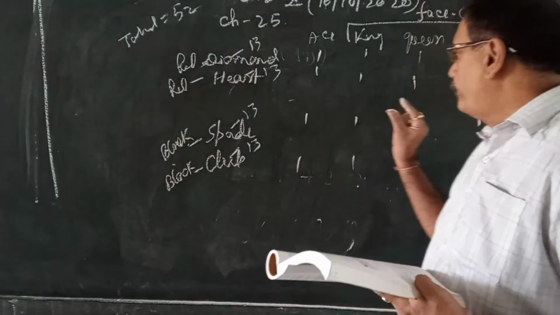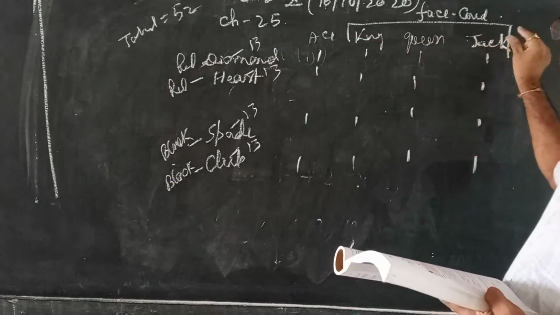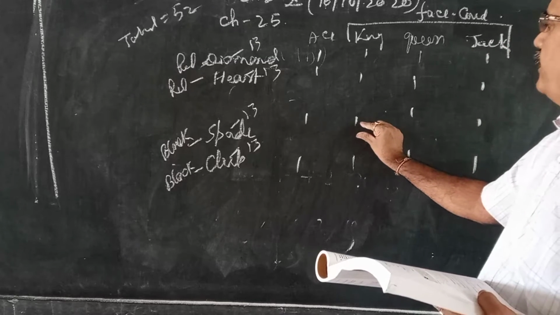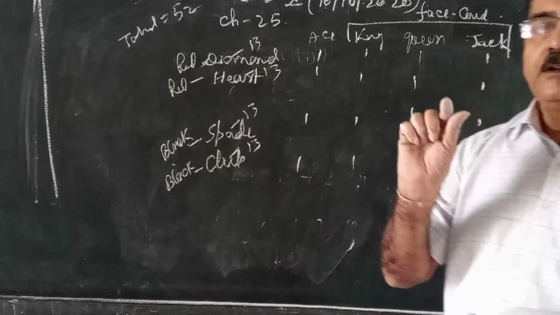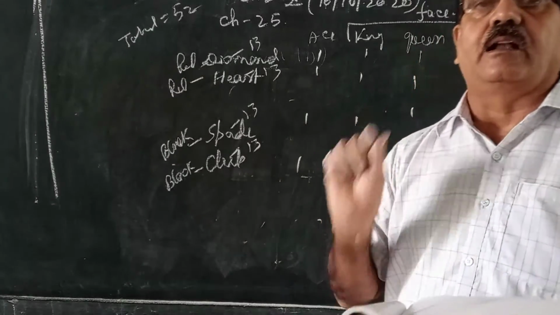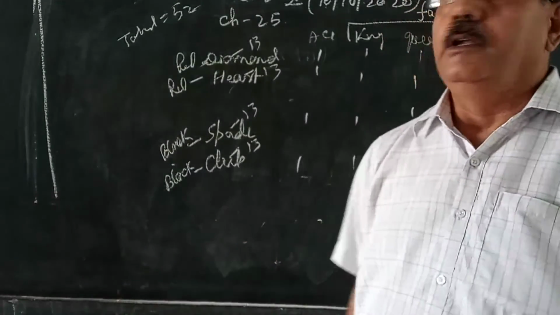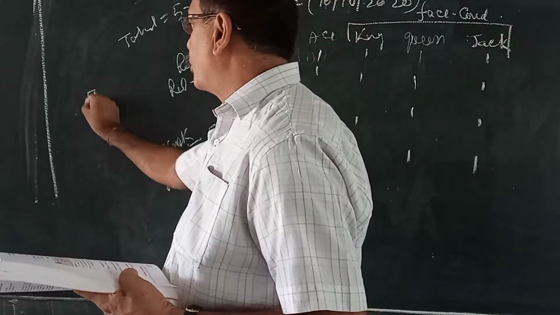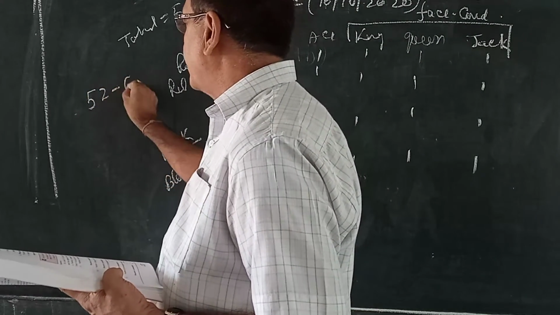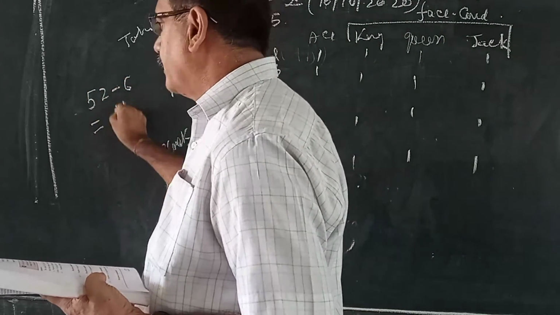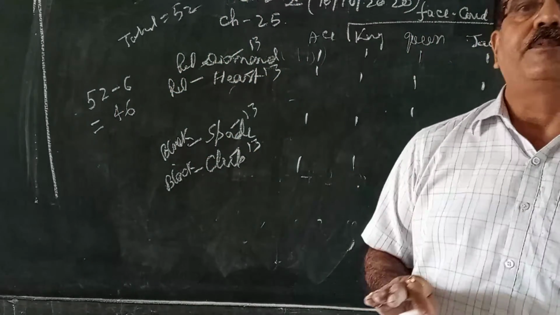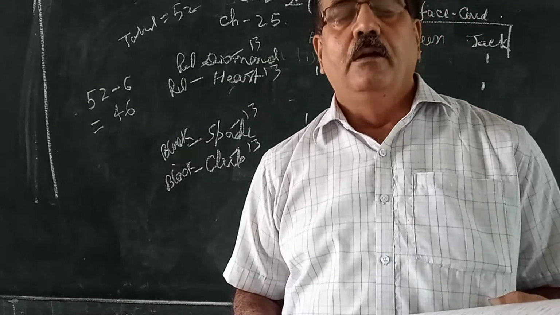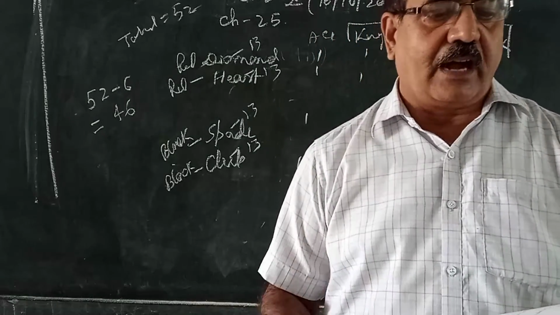So how many face cards are there in black? 1, 2, 3, 4, 5, 6. Six face cards in black color are removed. So from the total of 52 minus 6, how many cards are left? 46. 46 cards are left after removing the black face cards.